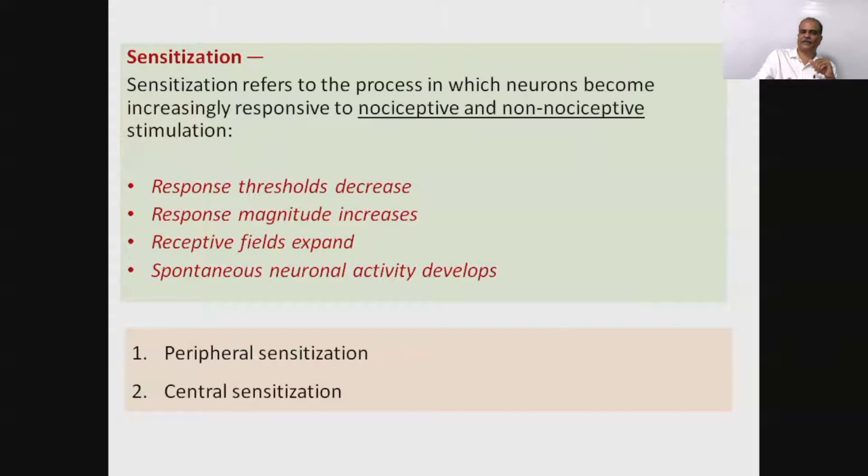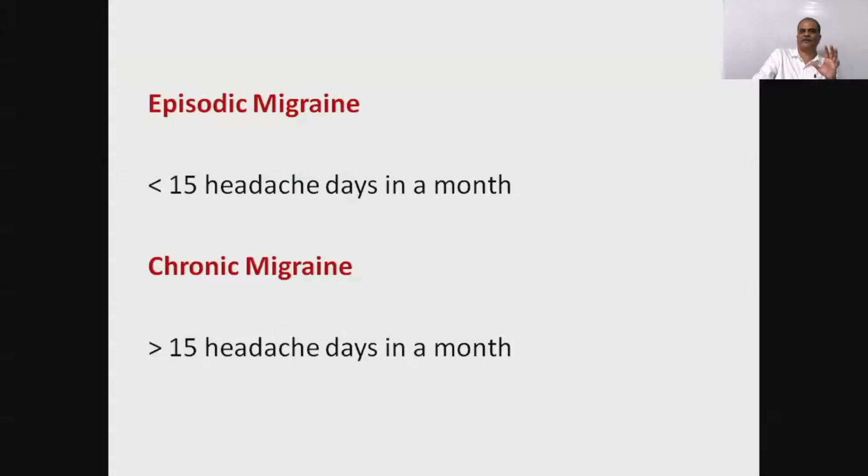Their threshold will decrease, and the area of the response and the magnitude also will increase. And in the end stage, they can even have spontaneous neuronal activation. So there is both central and peripheral sensitization. And this is what causes a patient with episodic migraine to move on to a phase of chronic migraine.